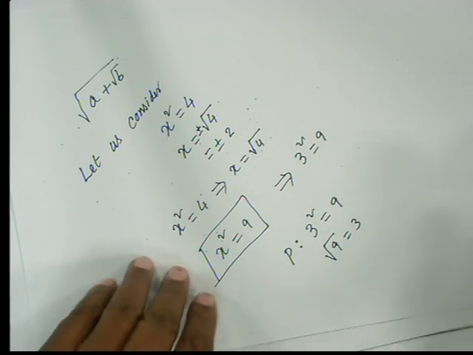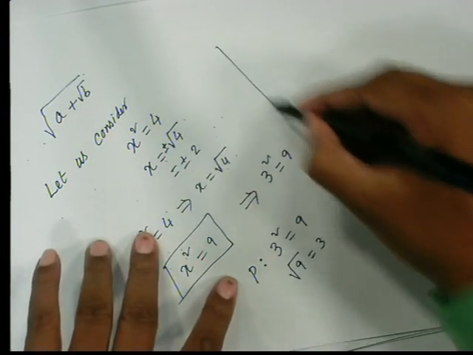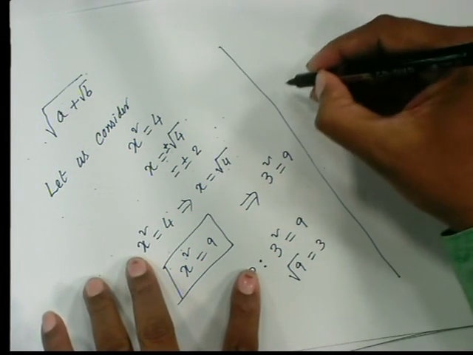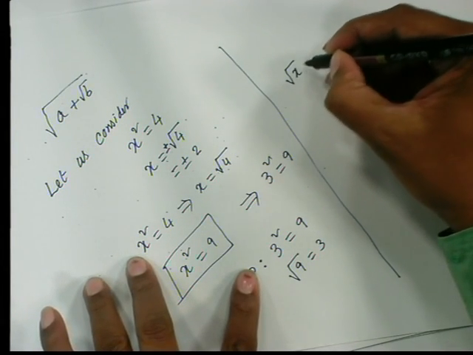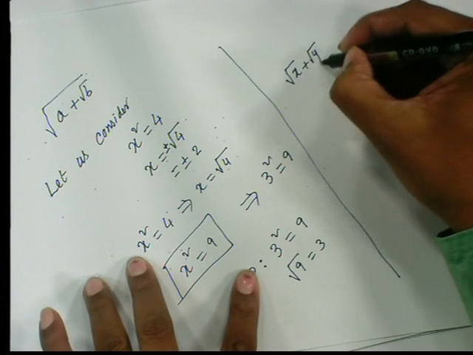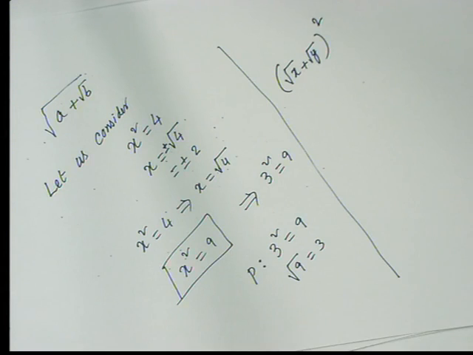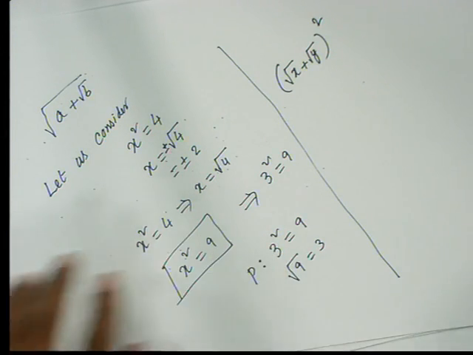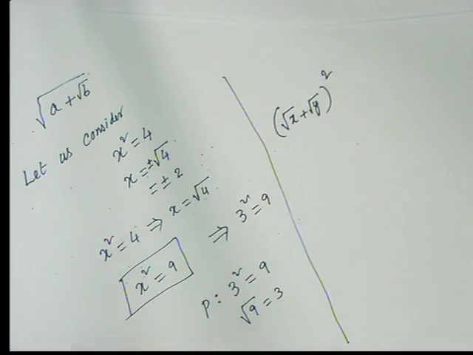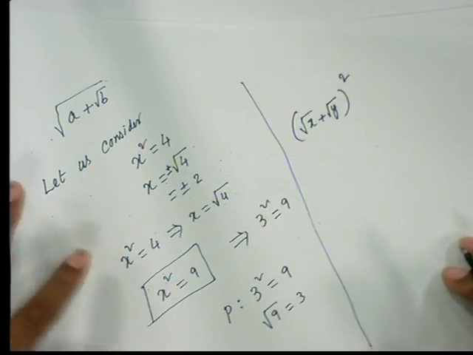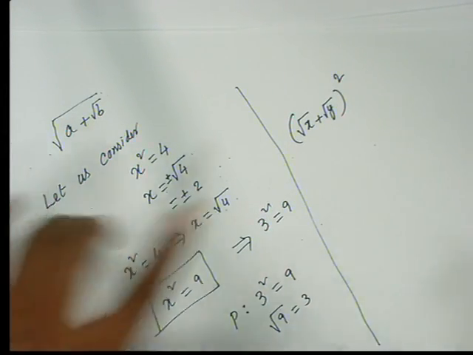So, now let us find out the square of root x plus root y, whole square. Let us see how to find out the square of this value.